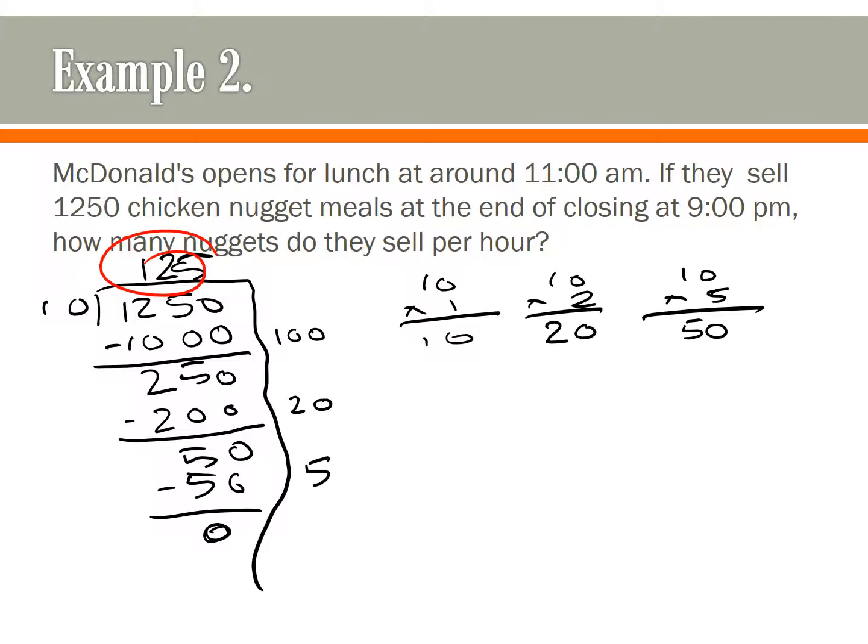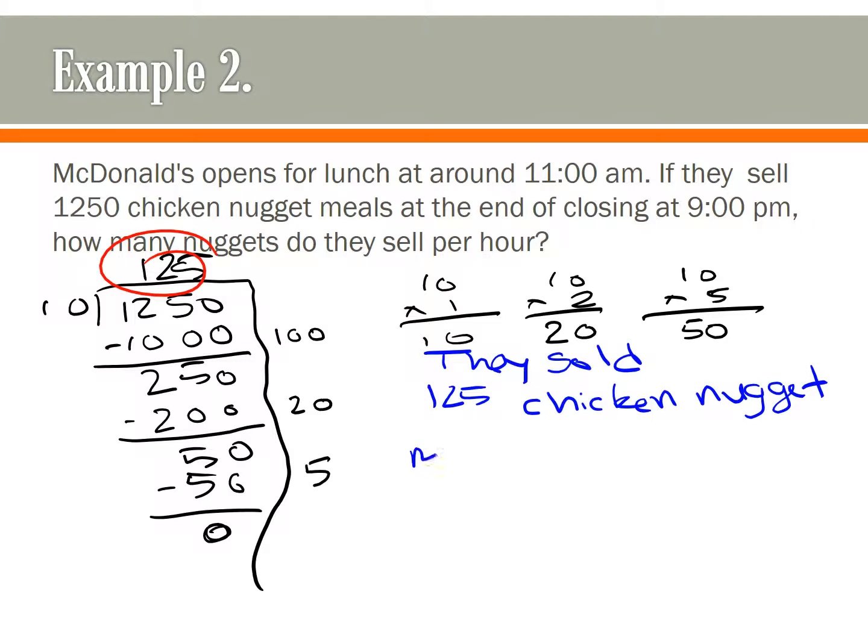Well, that means they sold 125 chicken nugget meals every hour. And it should look something like that right there. That's all you have to do for that one.